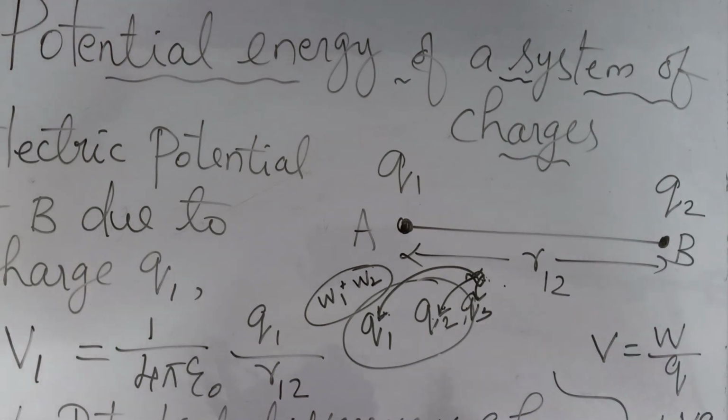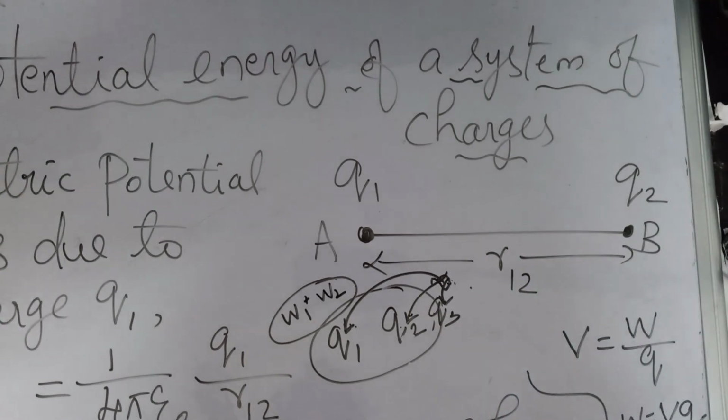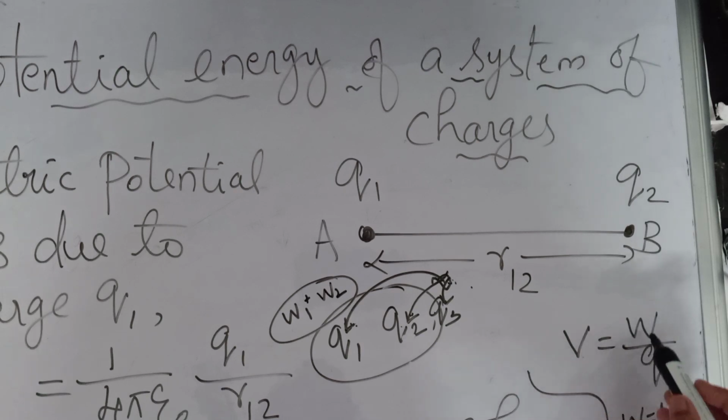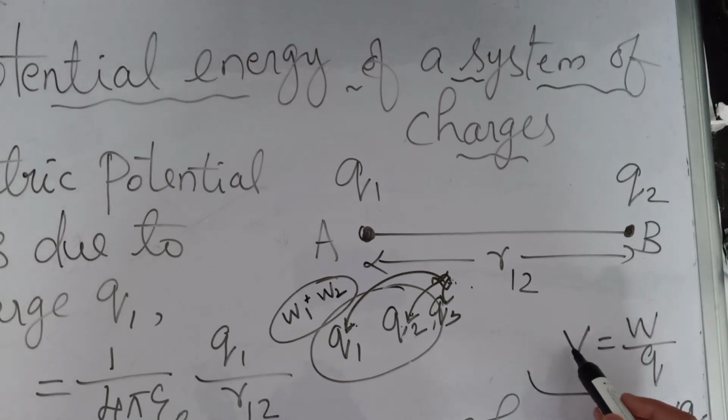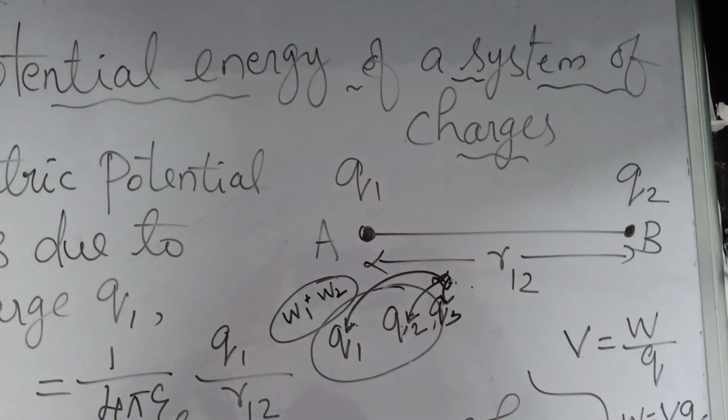And one more thing we have to understand is that if we are finding the potential energy, we can use the equation V is equal to W by Q, that is electric potential is equal to work done by charge. So how we can find work done? So W will be equal to V into Q, that means potential difference into charge.